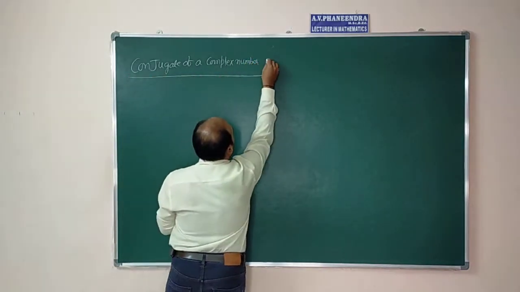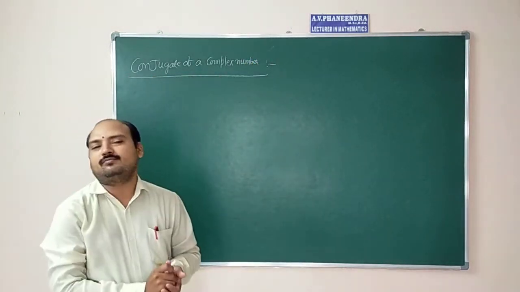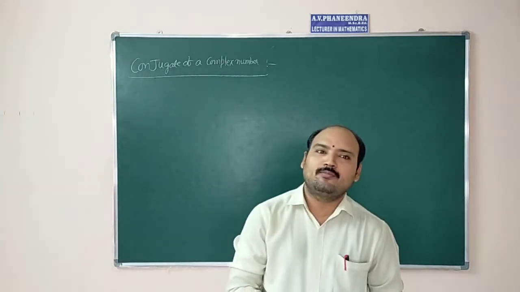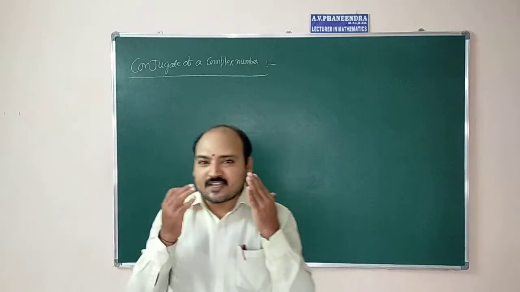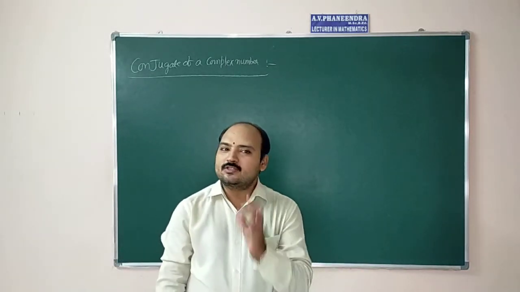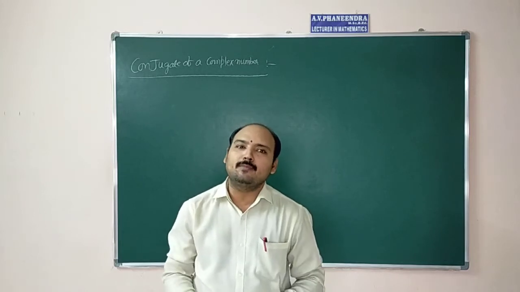What is the meaning of conjugate of a complex number? A reflection of a complex number z equal to x plus iy in the real axis mirror is called a conjugate of a complex number.